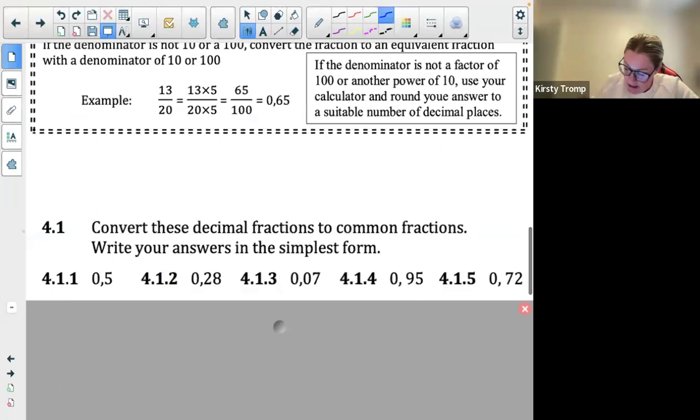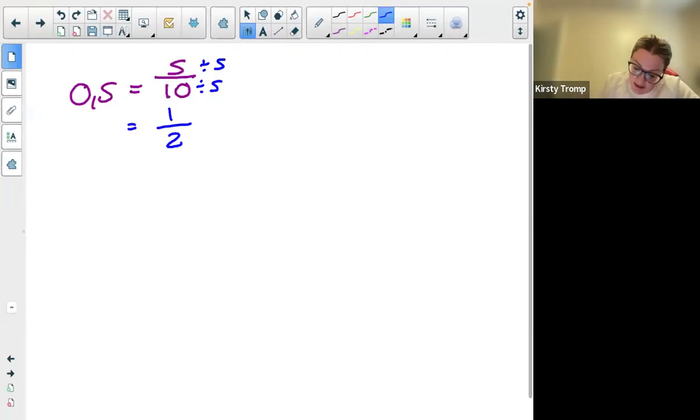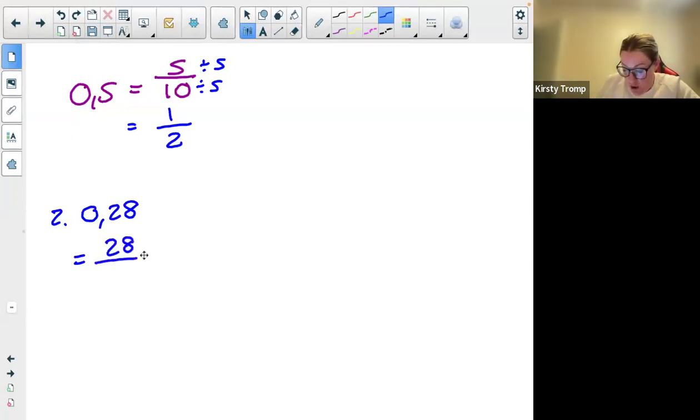In my next one, I've got 0,28. So for number 2, I've got 0,28. That's the same thing as saying 28/100. What can go into 28 and can also go into 100? Well, you could have started with 2 and then gone with 2 again, or you can just jump straight in and say 4 goes into both.